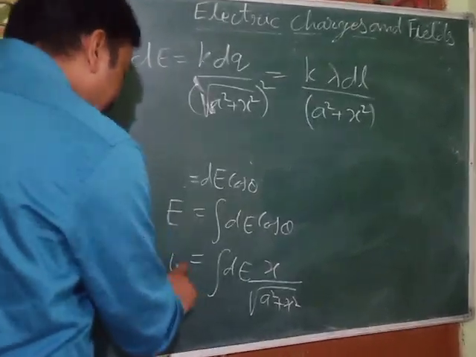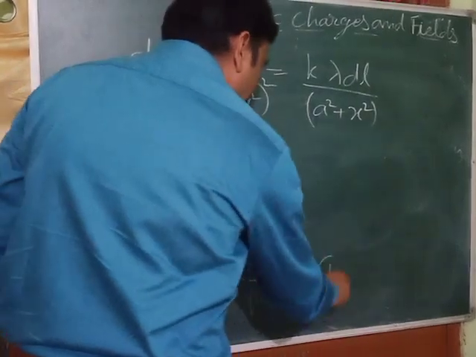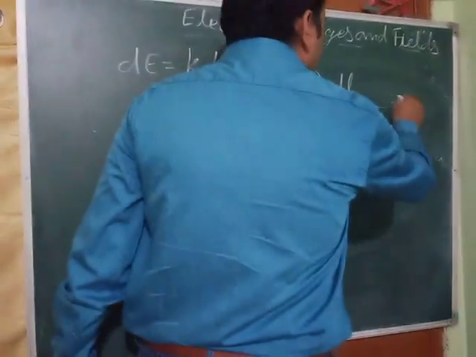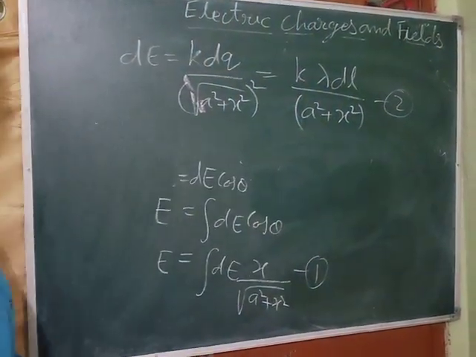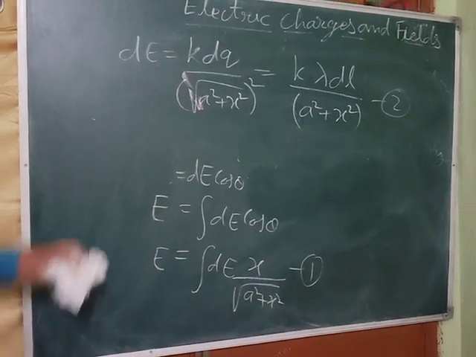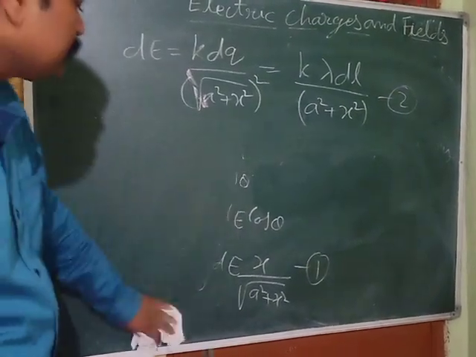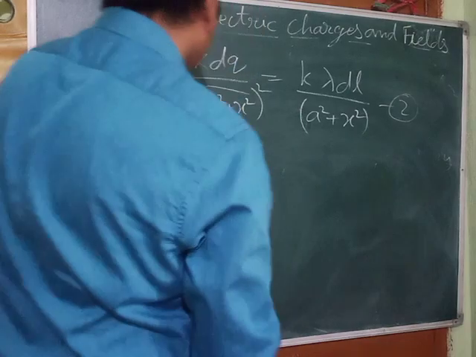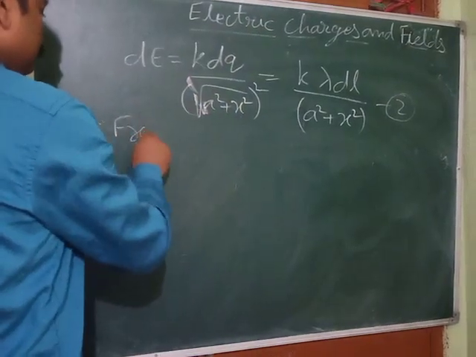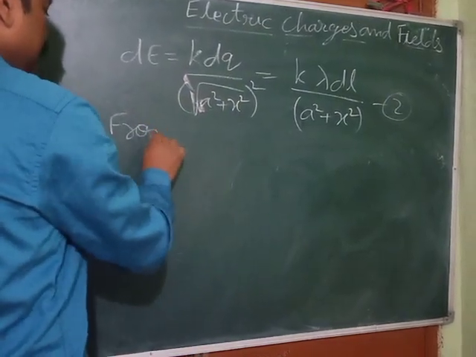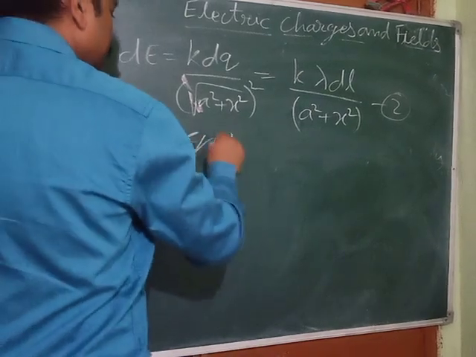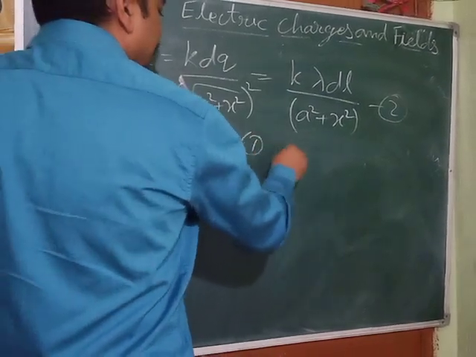So this we can write as equation number 1, and this as equation number 2. So from equations 1 and 2.